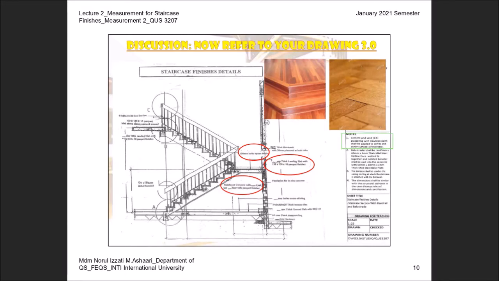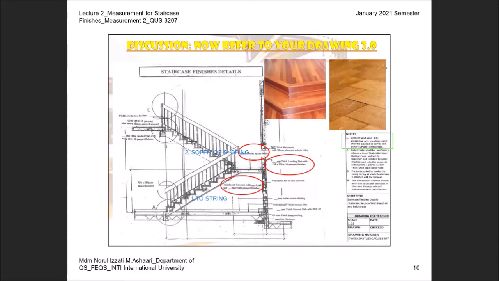Number 1, we have 2 sides of the string. So maybe I just put string. Okay, and then here you have number 2, soffit of sloping staircase. Can you see the items are exactly similar to the formwork? Number 3, edges of the landing slab.